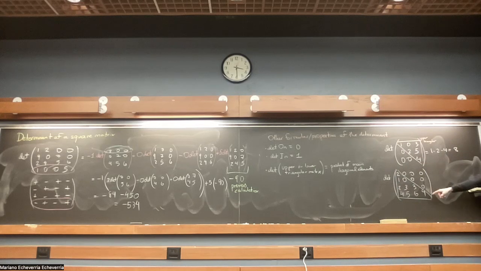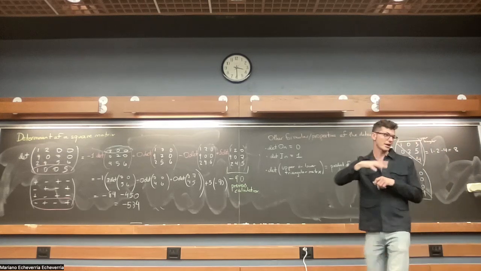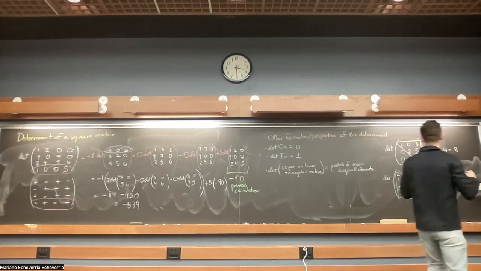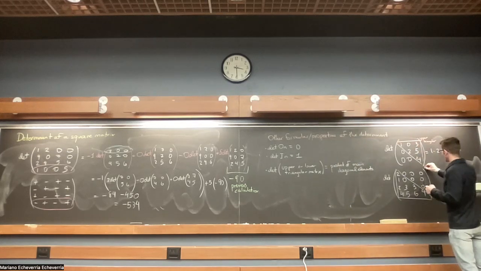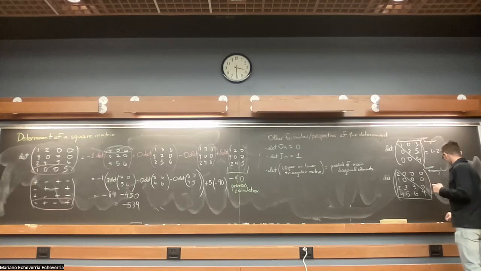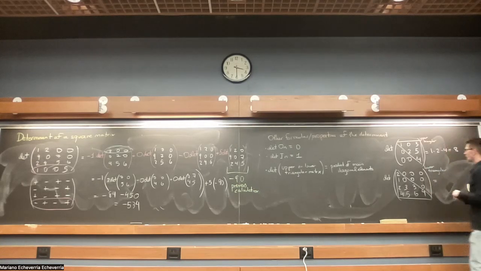Now this one is called lower triangular because the non-zero entries only happen below the diagonal. The formula for the determinant in this case is the same. You just multiply the elements along the diagonal.